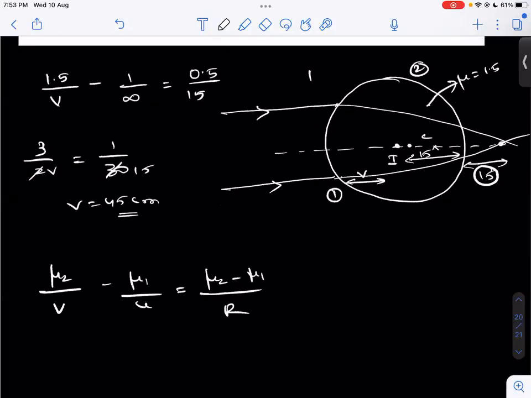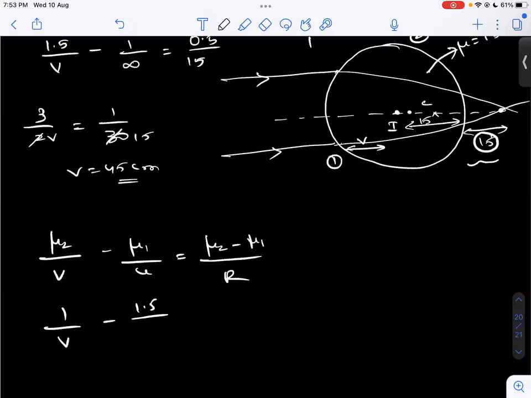This time, what is going to be mu2? It will be 1. 1 divided by v minus mu1, which is 1.5, divided by u. What is the value of u this time? U is plus 15. Why 15? U is always measured from the surface.